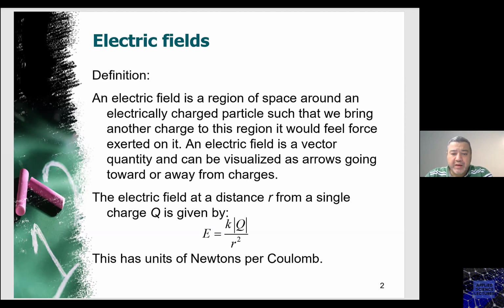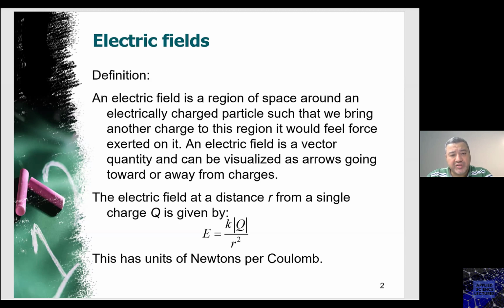So, this electric field is vector based, such that at any point surrounding the charge that we are studying, the electric field generated by it will have a magnitude and a direction, visualized as arrows going either toward that charge or away from the charge based on the value of this charge.